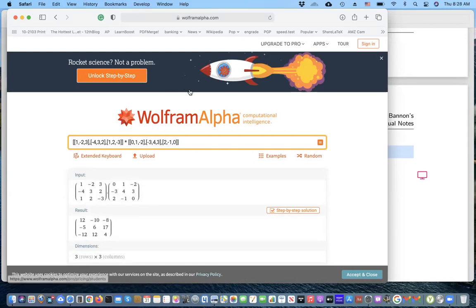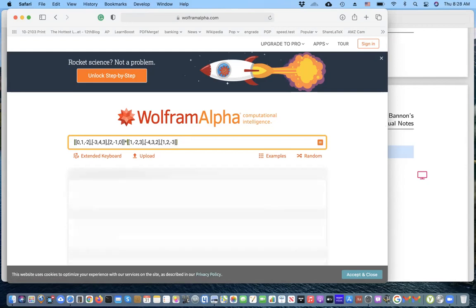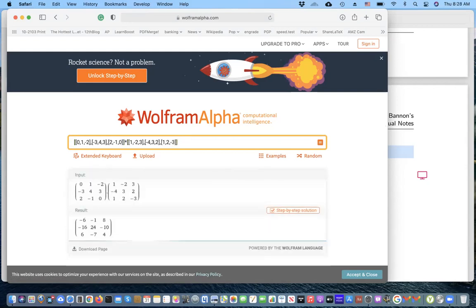Now what I want to do is the commutative operation to see what the result is. And I still have my whiteboard out. I'm going to just copy paste, and I'm going to copy this to my whiteboard. And we'll go back to the whiteboard in a second.